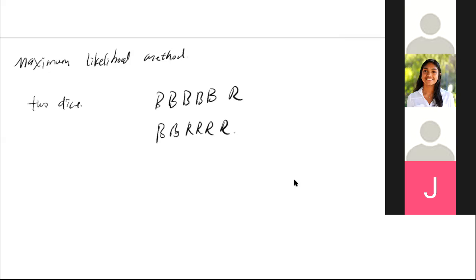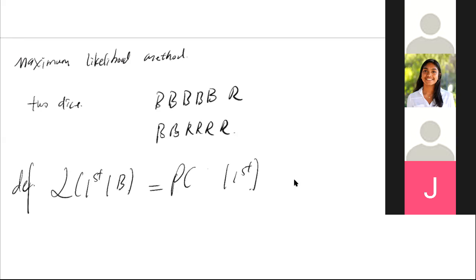The likelihood itself is defined as follows: given that the die you roll is blue, the likelihood of the first die is defined to be the probability of blue given that it is the first die.